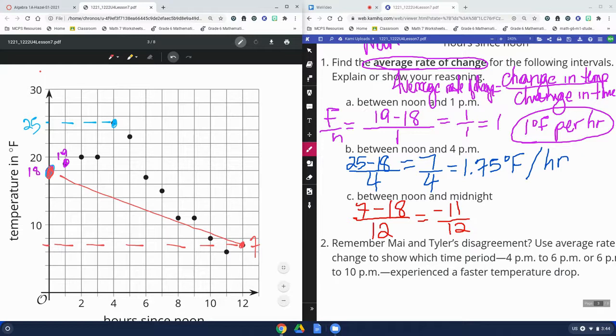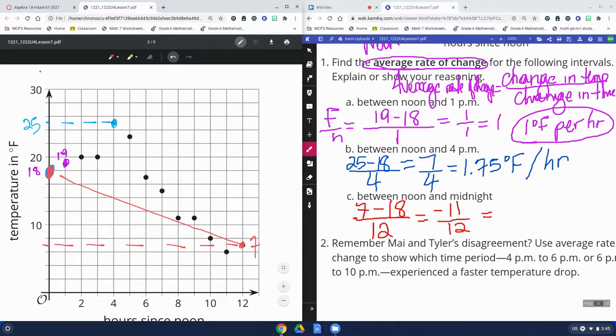So that's a little less than a decrease of 1 degree per hour. So 11 over 12, right, is about, we're going to approximate.